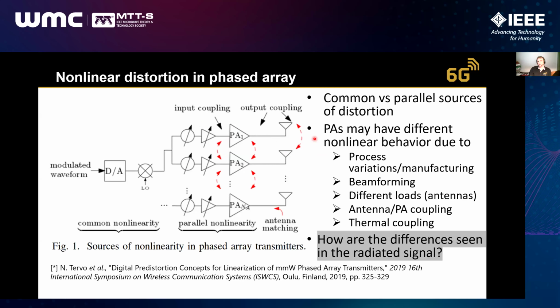Why is that? Well, first of all, they are different PAs, different components, different transistors, and there may be variations because of that. But especially in antenna arrays, there are also many other things that have an impact. For example, when you do beamforming, you weight the signals before the amplifier usually. You weight amplitude and you weight phase. Typically more focus is on the phase, but sometimes amplitude is also controlled.